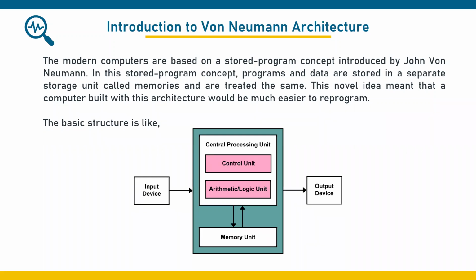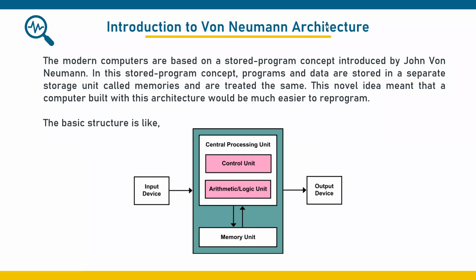So the modern computers are based on a stored program concept introduced by John von Neumann. In this stored program concept, programs and data are stored in a separate storage unit called memories and treated the same.